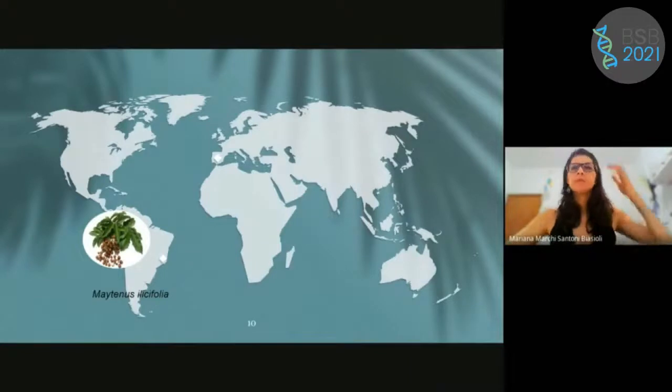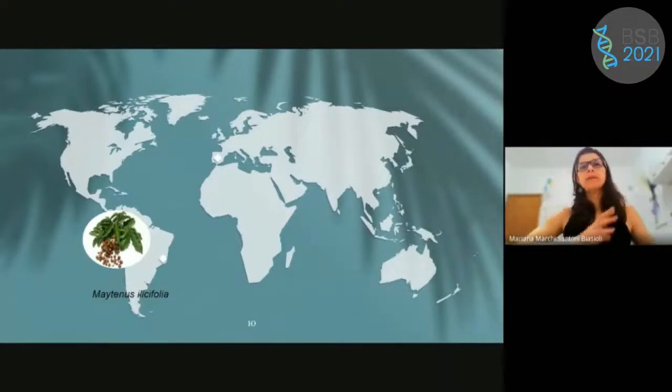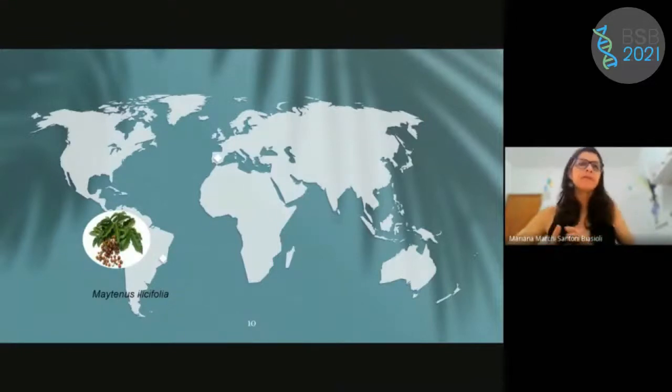Some compounds are synthesized in specific tissues. For example, quinonemethide triterpenoids are accumulated in root, and flavonoids are found in leaves.